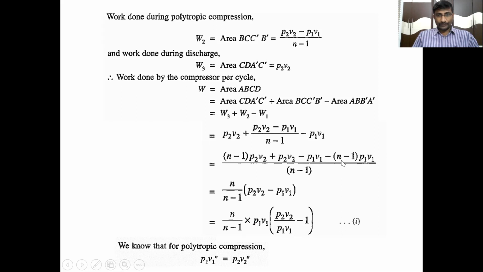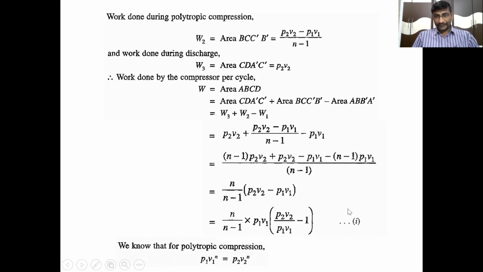So n into P2 V2 minus n into P1 V1, n remains common, n into P2 V2 minus P1 V1 in the numerator, and in the denominator n minus 1. Therefore n by n minus 1 into P2 V2 minus P1 V1. Otherwise we can take P1 V1 common: P2 V2 by P1 V1 minus 1.